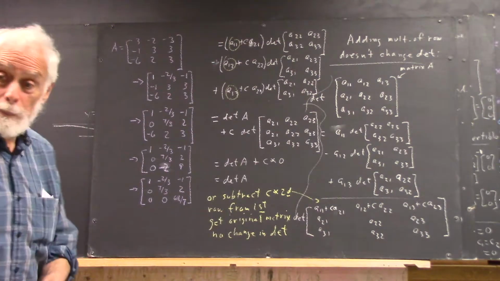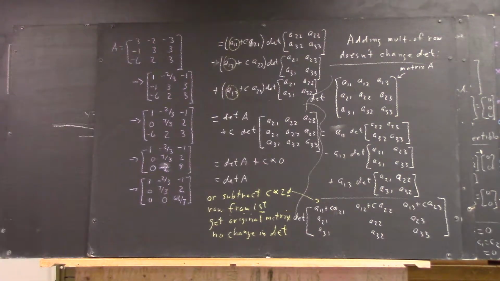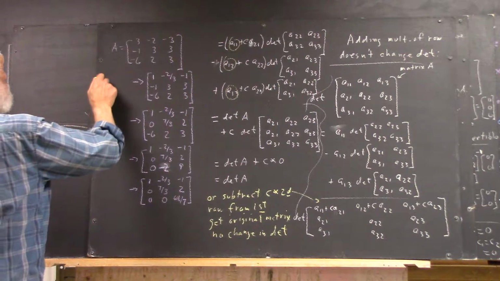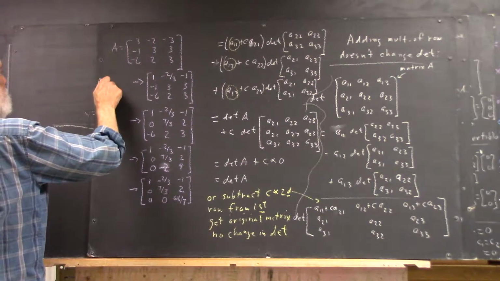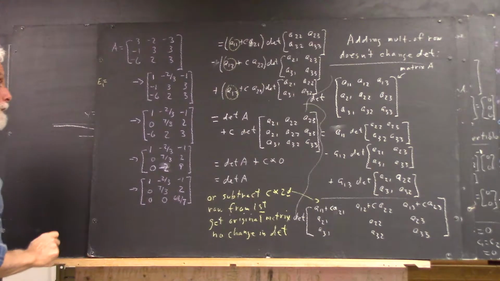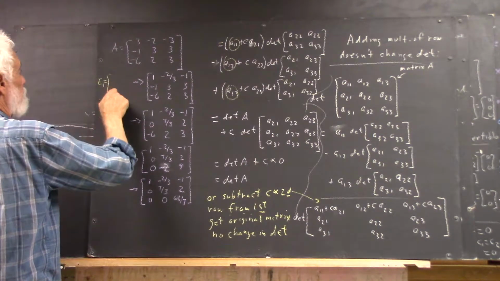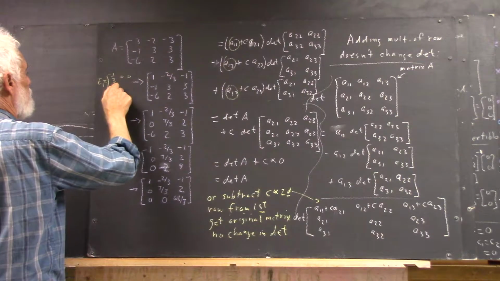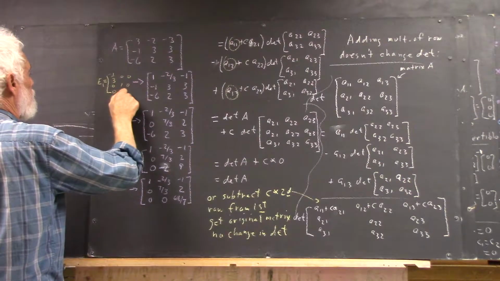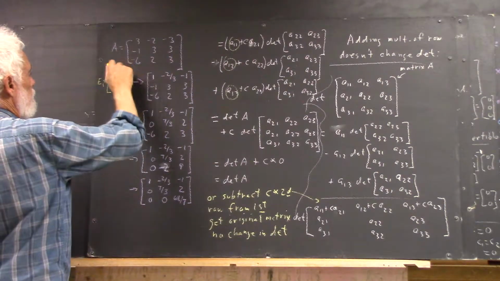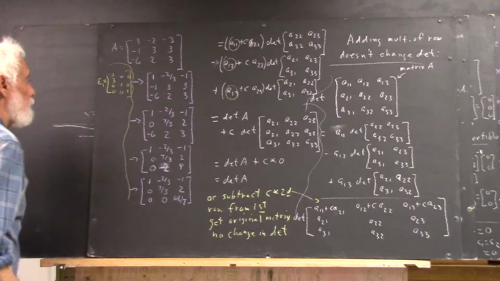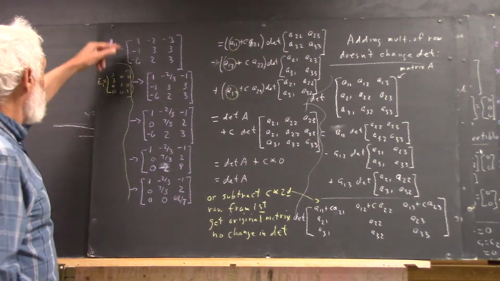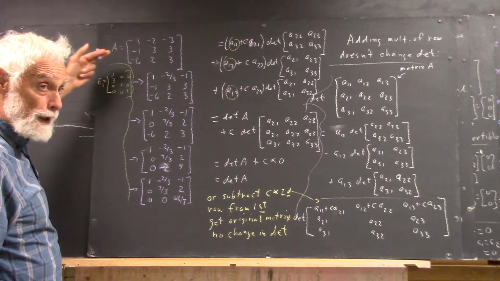Now what are the corresponding elementary matrices? Well, E1 is, okay, what we get when we do the same operation we did here to the identity matrix.